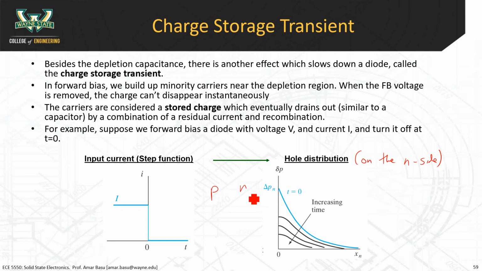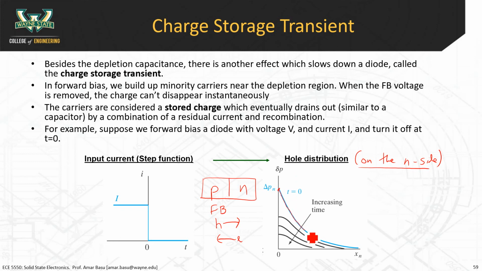You have a P and an N-type material like this. If it's in forward bias, that means holes are diffusing over this way and electrons are diffusing over this way. As a result, on the N side of the junction, you have this distribution of carriers like this.